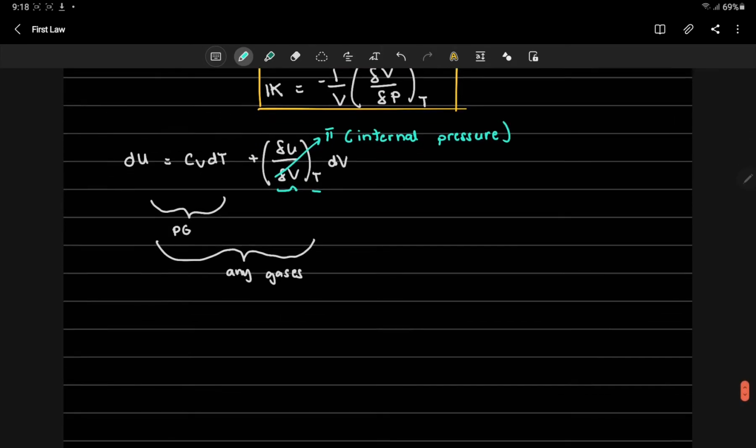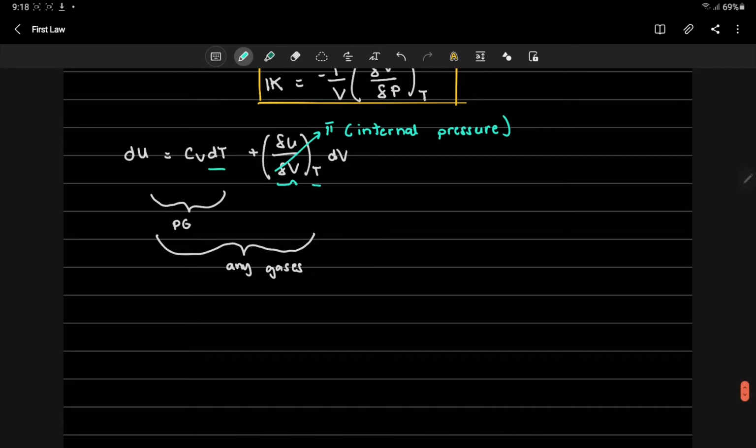So ibig sabihin, yung gas, if it's not a perfect gas, so ibig sabihin any gas, yung internal energy, may dependence na siya dun sa temperature, of course. If you increase the temperature, you increase the internal energy. At the same time, meron ding dependence sa volume. Okay? Kapag nag-change yung volume, let's say, nagkakaroon ng compression, malamang nagkakaroon na ng mas malaking interaction yung mga gas molecules. And because of that interaction, it will contribute to the internal energy. Okay? So, yan nga yung tinatawag nating internal pressure.